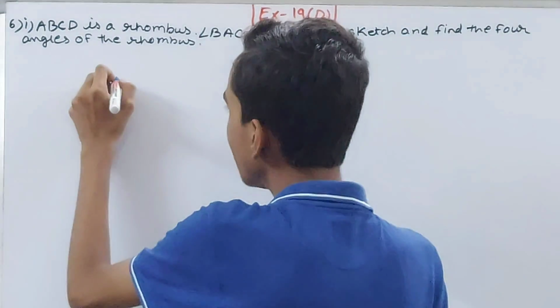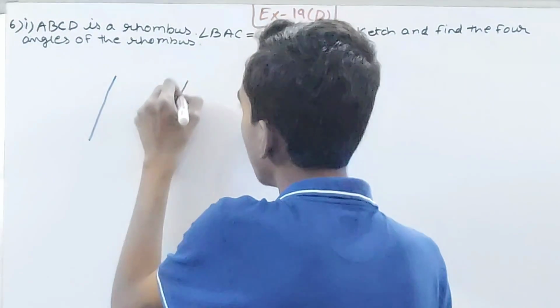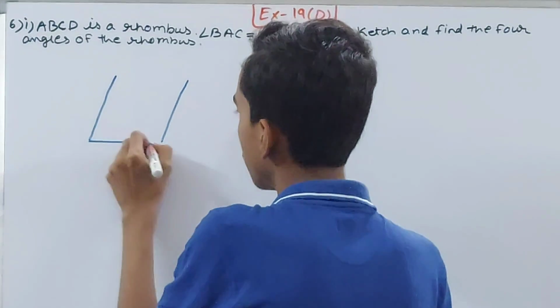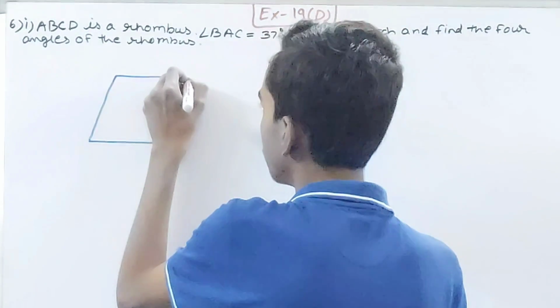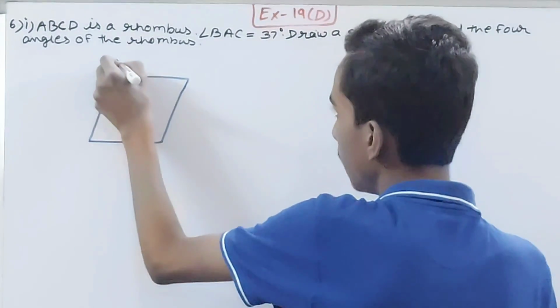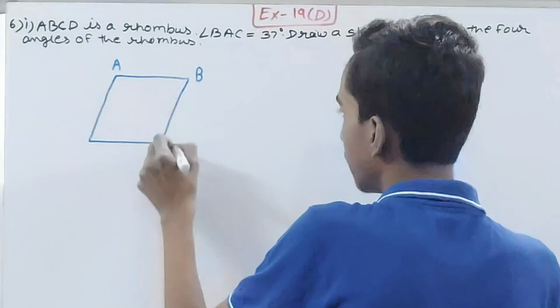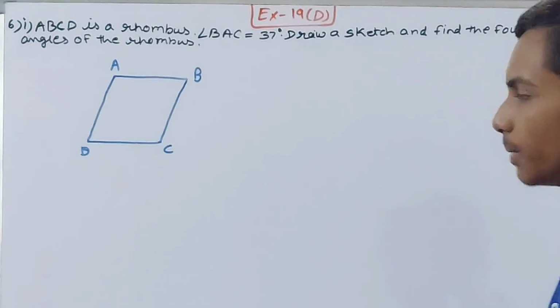Okay, let's make a rhombus. Let's give this rhombus a name A, B, C and D. ABCD, this is my rhombus.